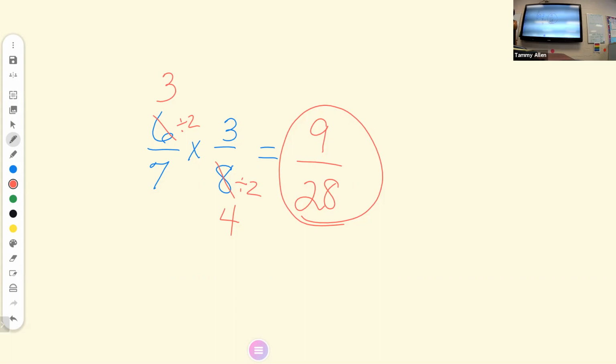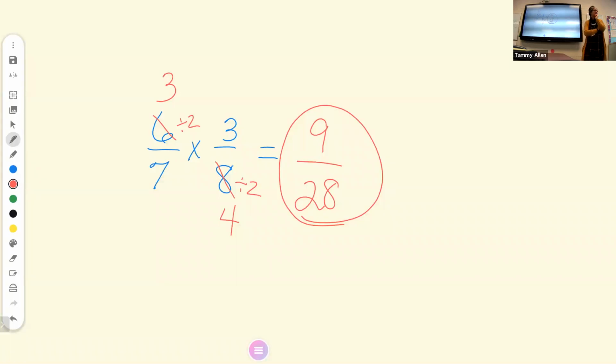Why can't I divide both 3 and 3 by 3? There is one answer to that. What is the answer? They are both what? They are both numerators. There you go.